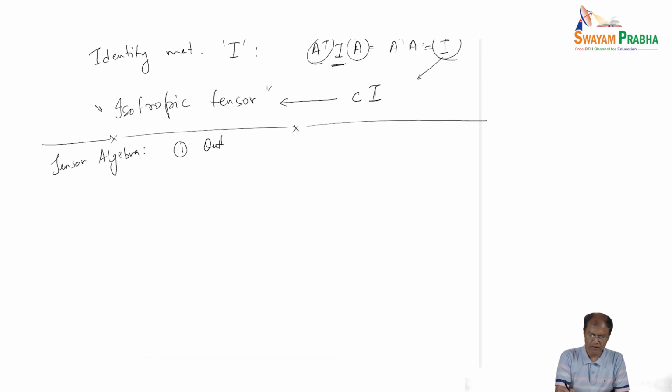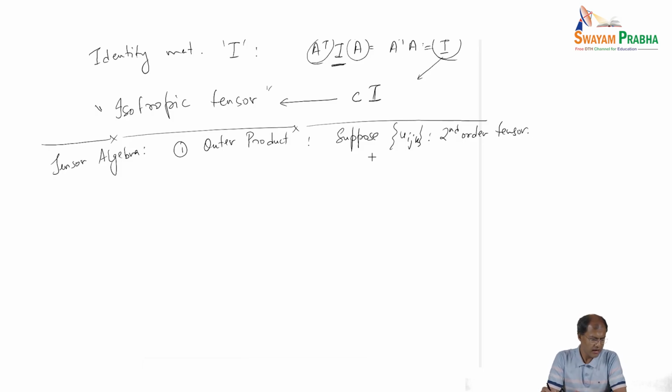Suppose Uijk is a third order tensor, which means it has 27 components, and Uij is a second order tensor, so it has 9 components, and we have Vijk, a third order tensor, so this has 27 components.